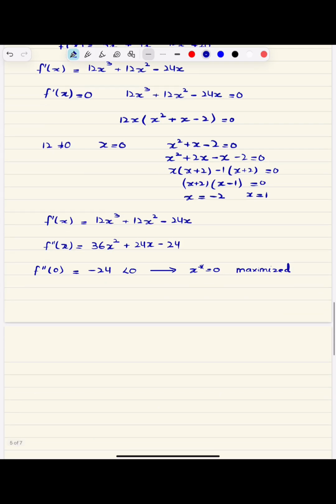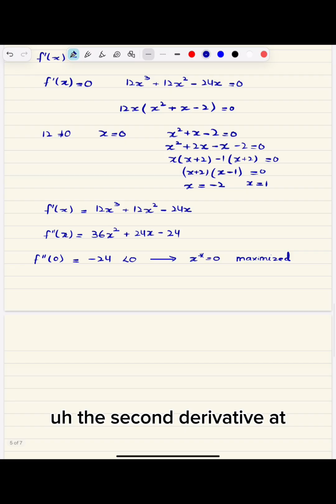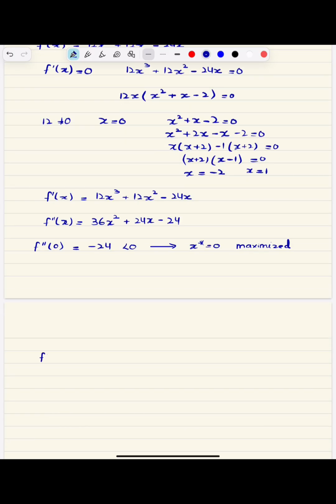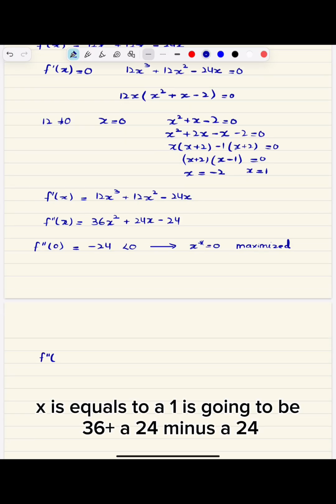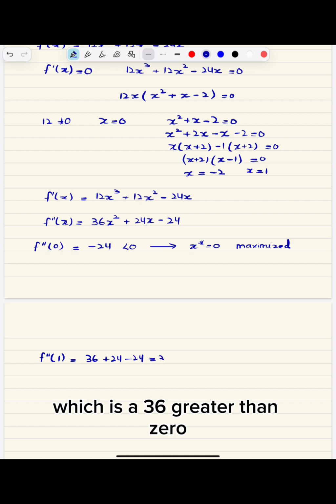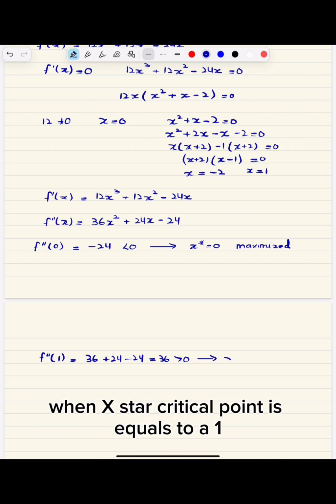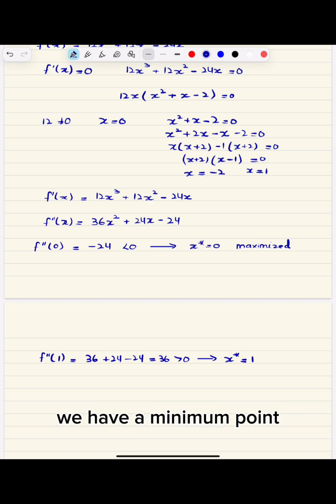Okay. The second derivative at x = 1 is going to be 36 + 24 - 24, which is 36, greater than 0. So therefore, when the critical point x* = 1, we have a minimum point.